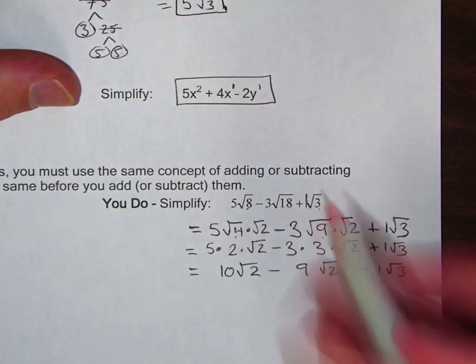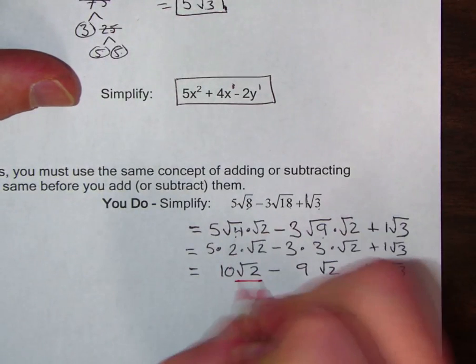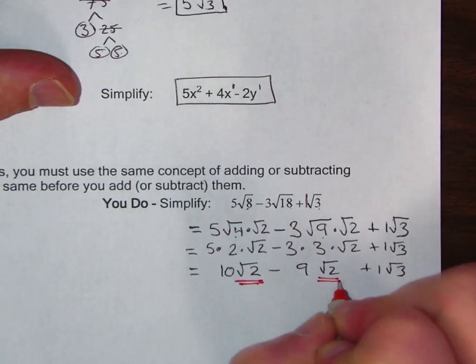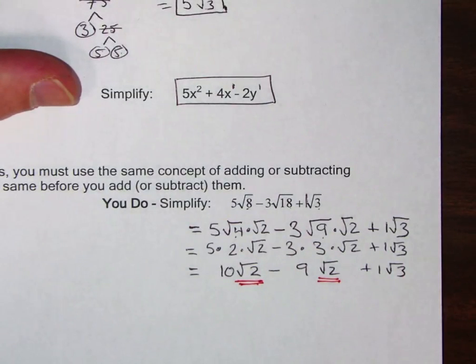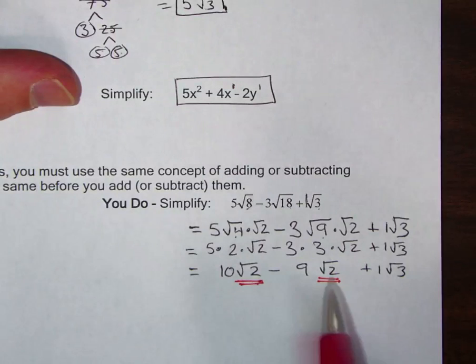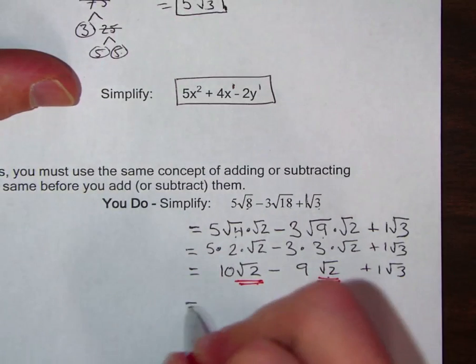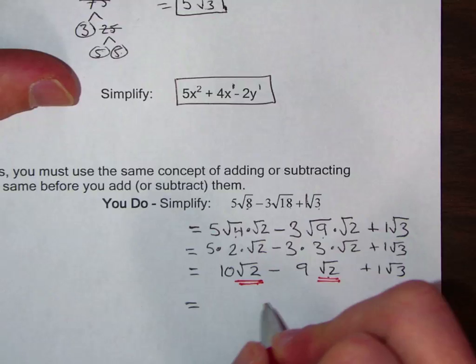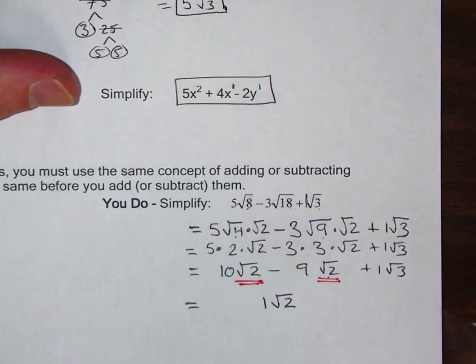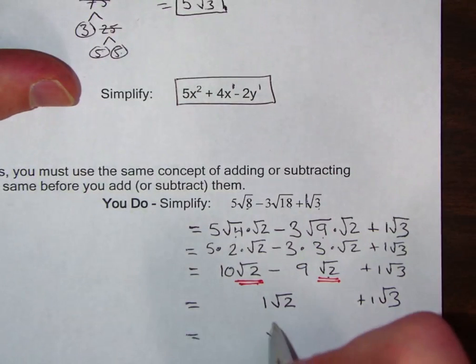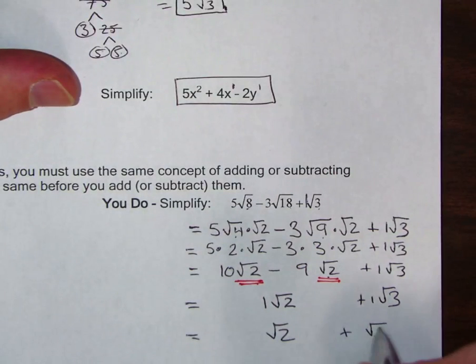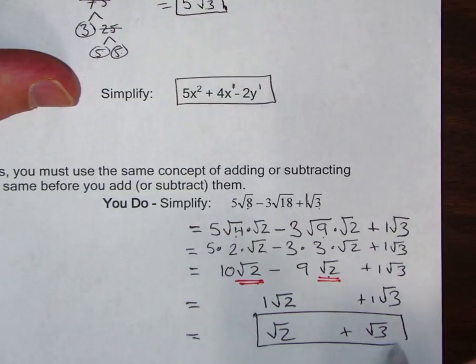Do we have any like terms? Here's a square root of 2. Here's a square root of 2. Oh, that's a square root of 3. Can't do anything with it. It's like x and y. 10 square root of 2's minus 9 square root of 2's is just 1 square root of 2 plus 1 square root of 3. However, you'll often see it written like this without the 1's, and that's your final answer.